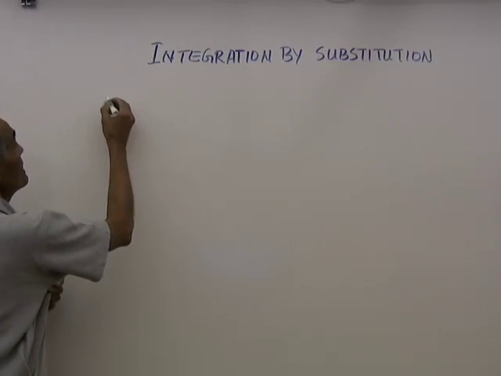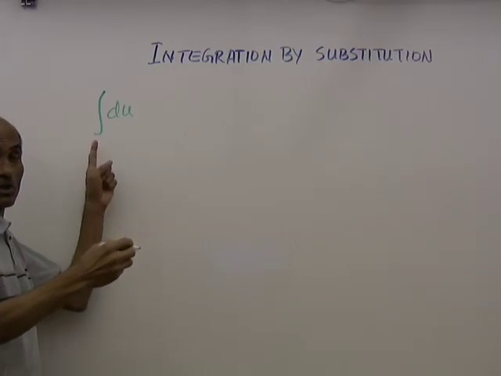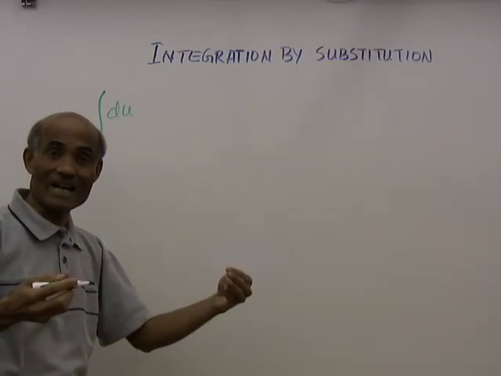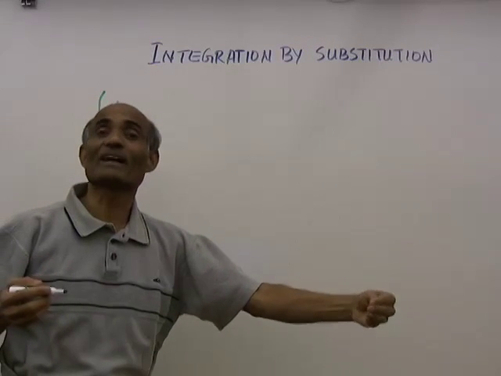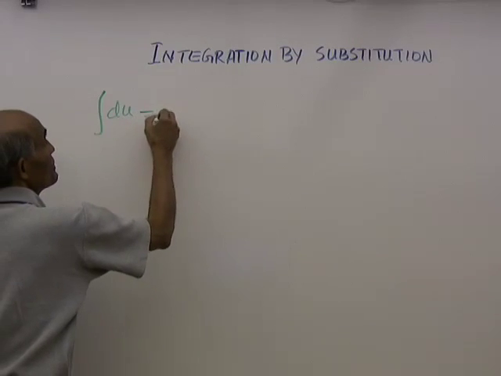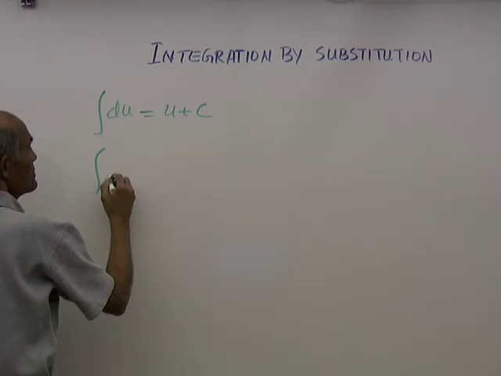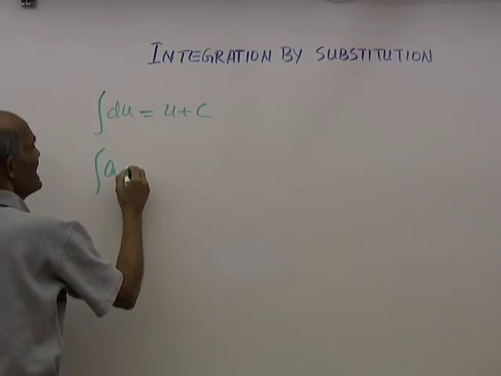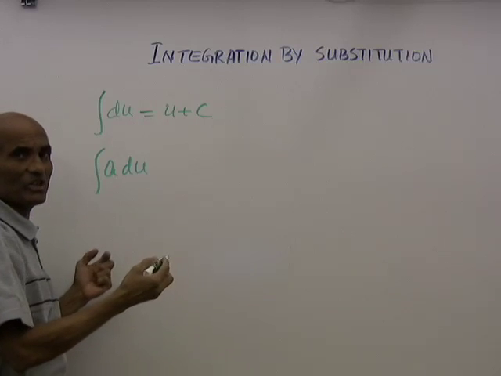Well, we know that integral of du, here I am using u as a variable, integral dx equal to x plus c, integral du is u plus c. Similarly, integral a du, what is integral a du?